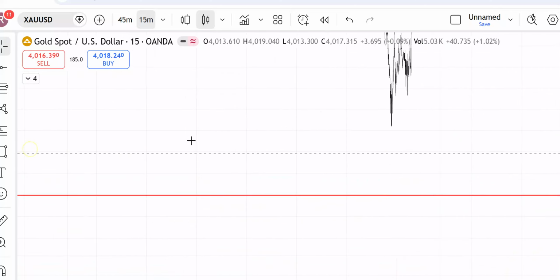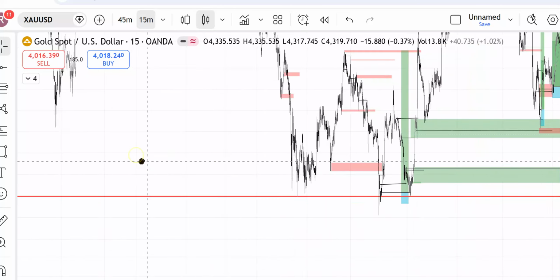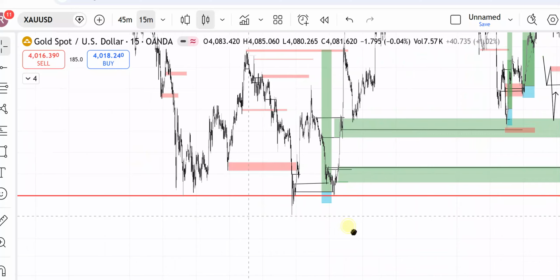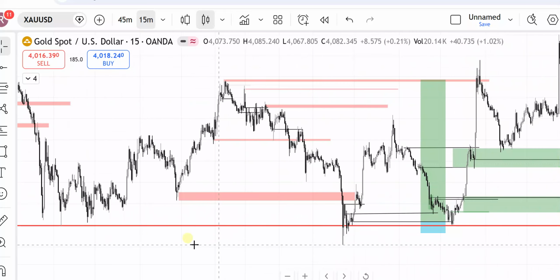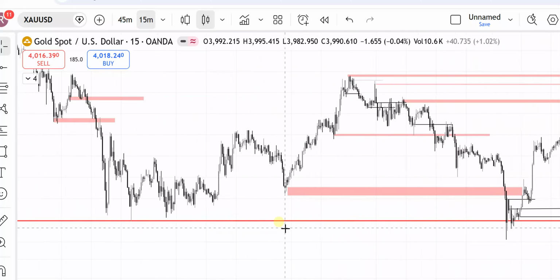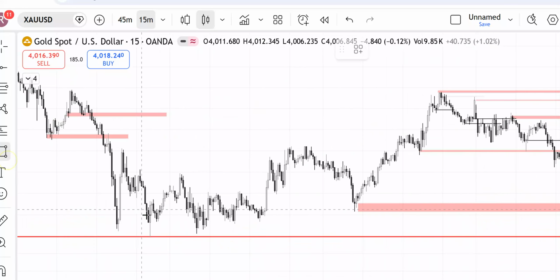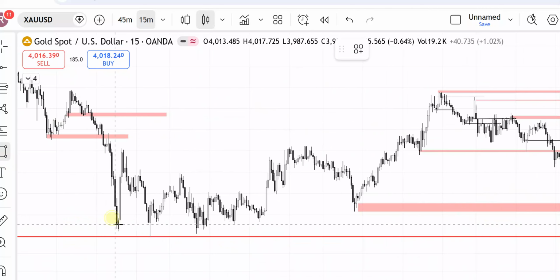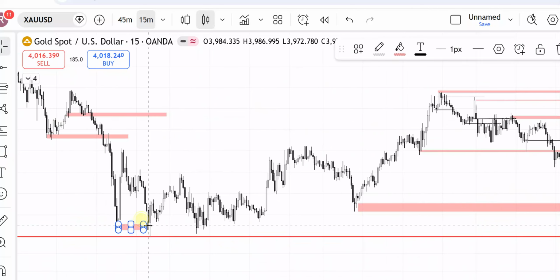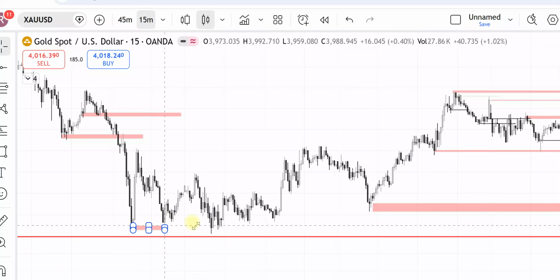Definitely at this point a strong key level is present. Let's suppose the market comes and takes the liquidity of the zone. Fine, let's suppose that is my key level zone, and the market takes the liquidity. As you can see here, the market takes the liquidity of the zone.